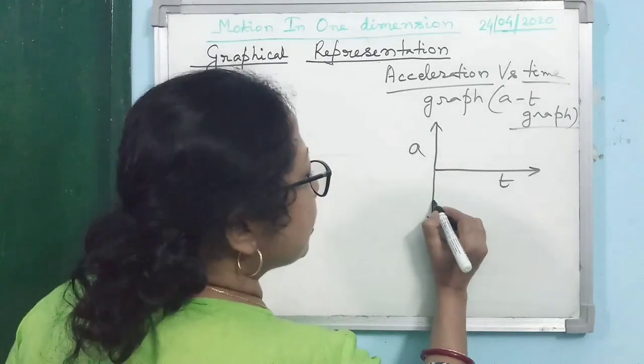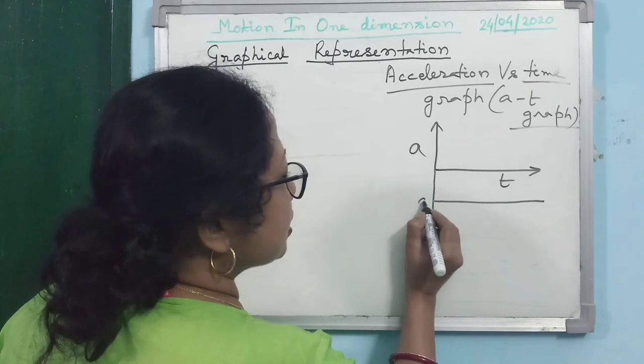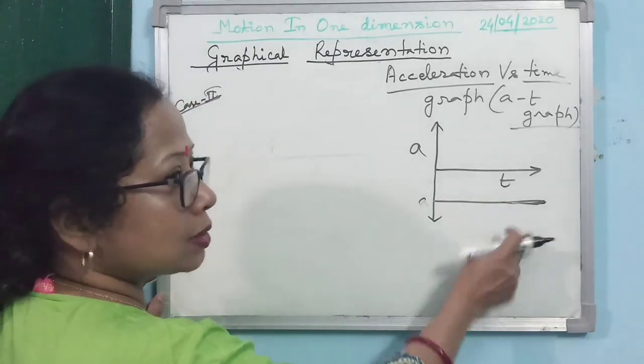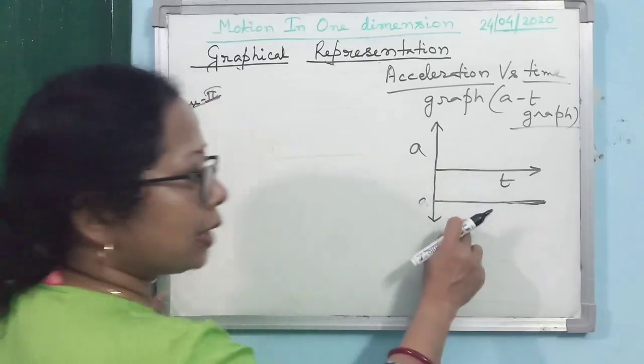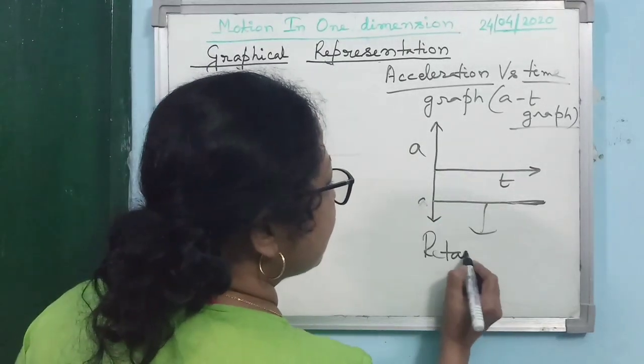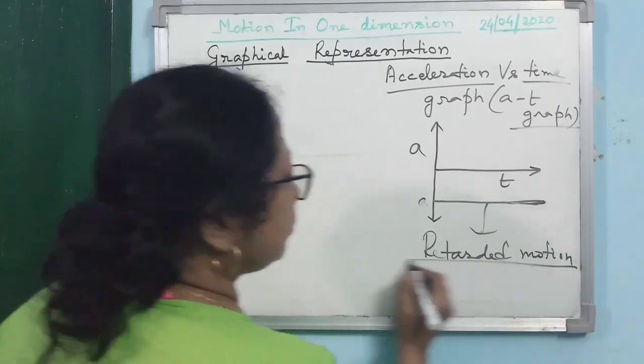So for retarded motion, the acceleration versus time graph will be a straight line parallel to the time axis, but below the time axis. What does it indicate? It indicates that the body is having retarded motion.